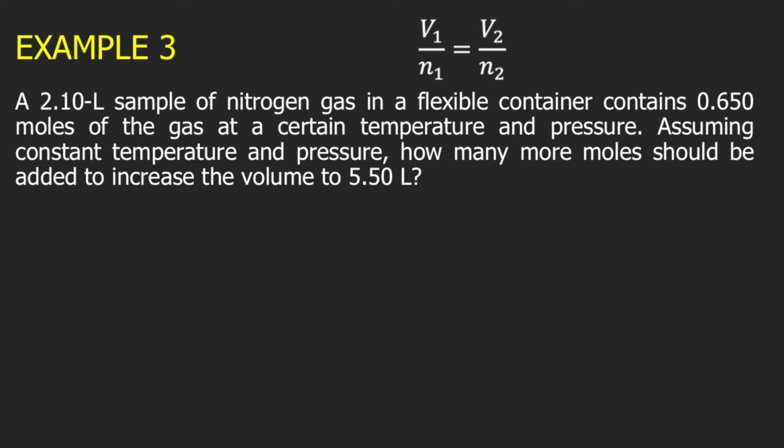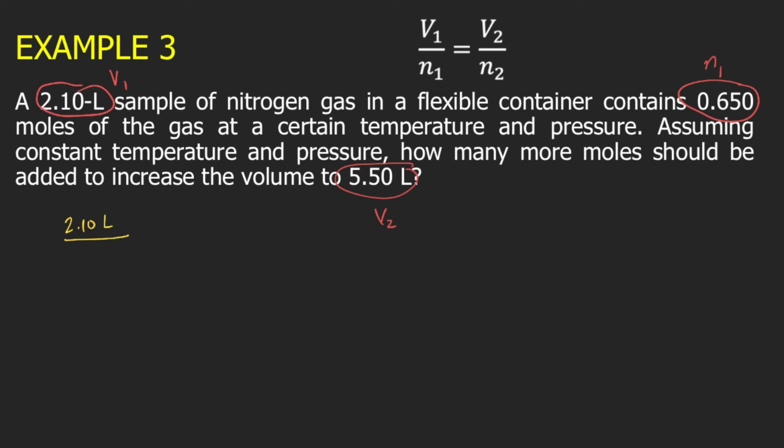So we will use again Avogadro's law. Let's determine the variables. So 2.10 liters is our V1, 0.650 moles is our N1, 5.50 liters is our V2. So what is missing in this problem is N2.